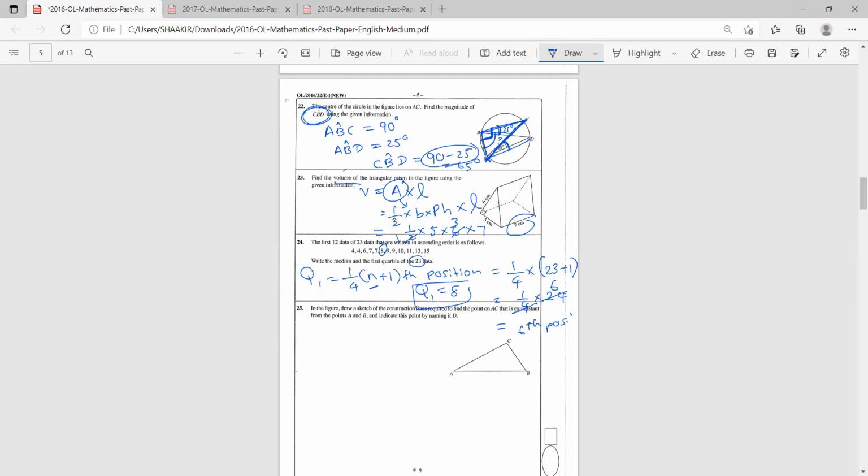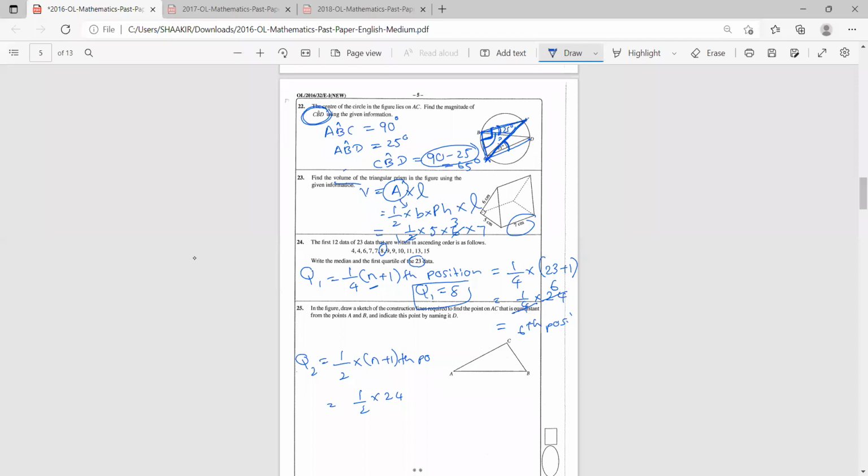Okay, the next one, median. Median means what? They are asking you to find the second quartile. So Q2, children, for that we can say half into (n plus 1) position. Again, half, n is 23. 23 plus 1 is 24.